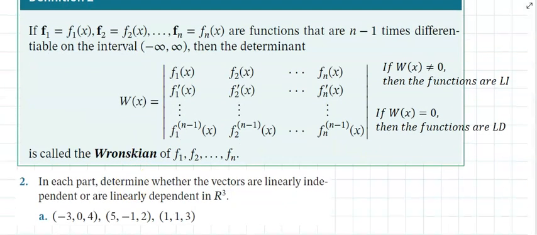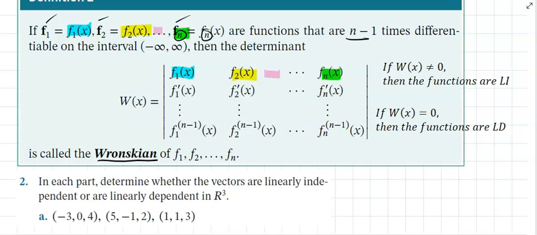The Wronskian is another way of figuring out whether you have linearly independent or dependent, provided you're given functions. It's a lot of work to do that with functions, so this is a quick way of checking. If these functions are n minus 1 times differentiable, that means the derivative exists, then this is what you do. You list f1, you list f2, you list f3, all the way to f sub n.